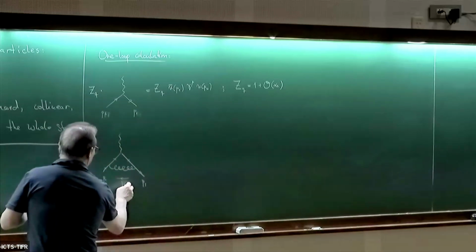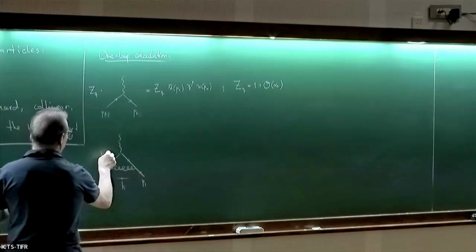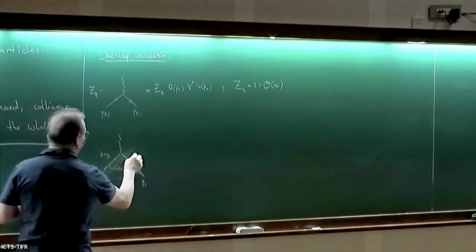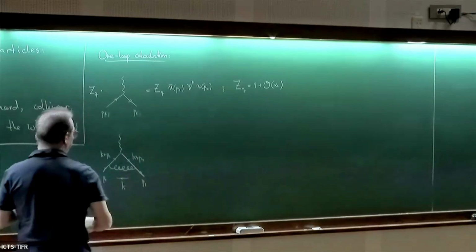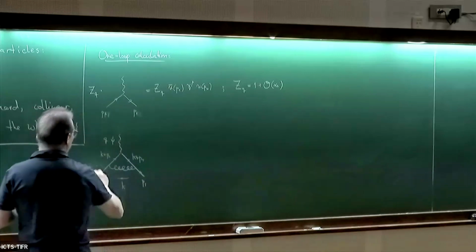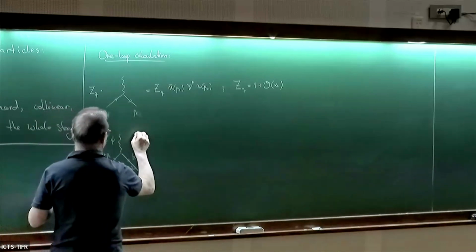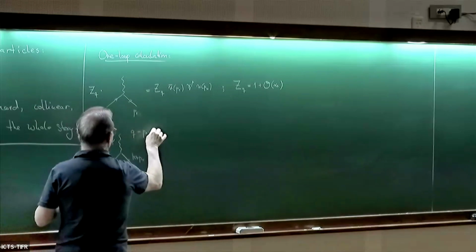Let's call this k. And then this is momentum k plus p2, and this is momentum k plus p1, and this was momentum q, and q is p1 minus p2.